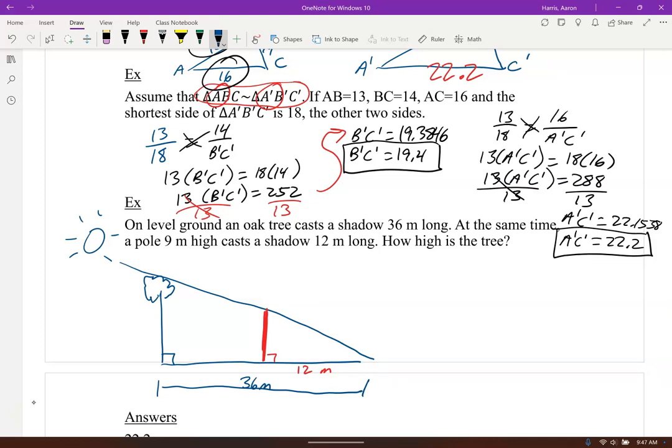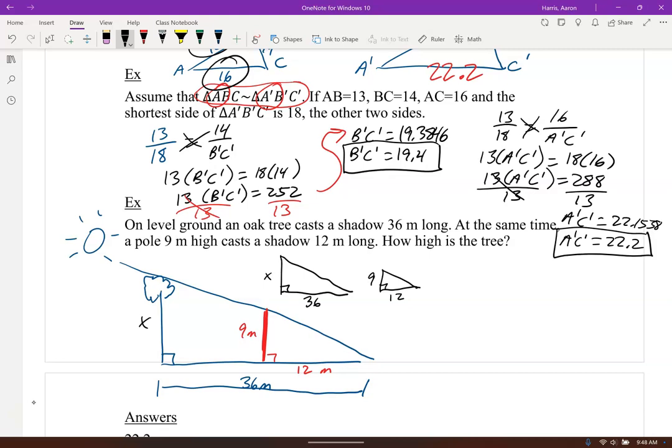They also tell us this pole is 9 meters tall. A 9-meter tall pole casts a 12-meter shadow. And they want to know how tall the tree is. I'm going to call that X. So I've really got two triangles. Here's the big one, 36 and X. Here's the small one with the pole, a 9-meter tall pole casting a 12-meter shadow.